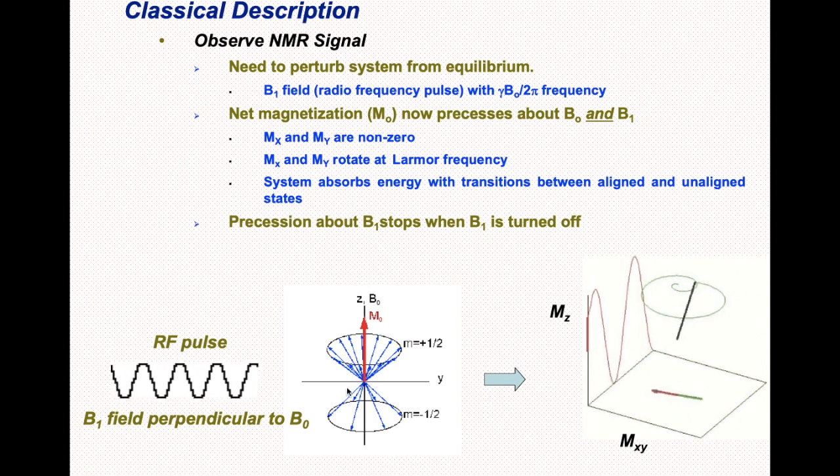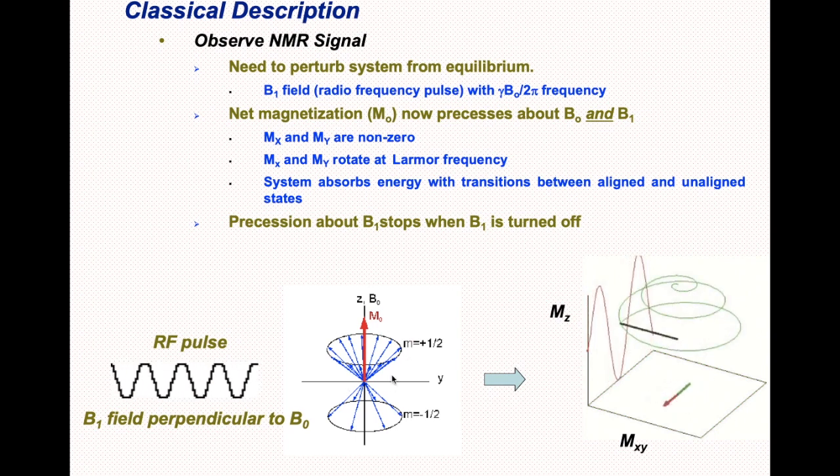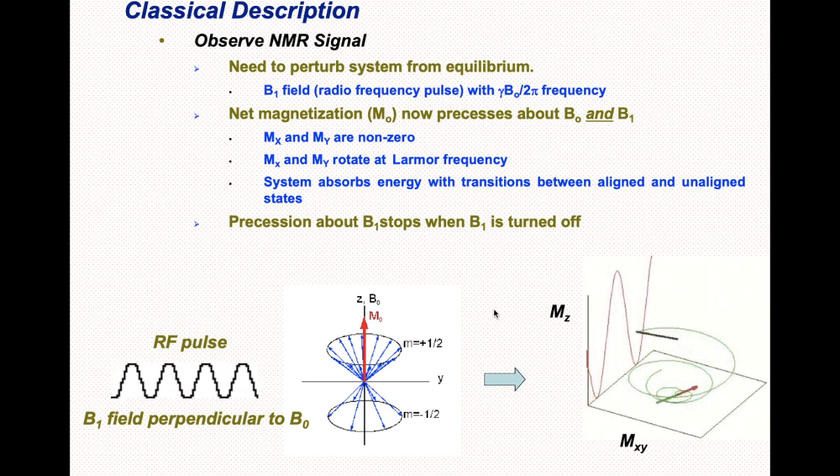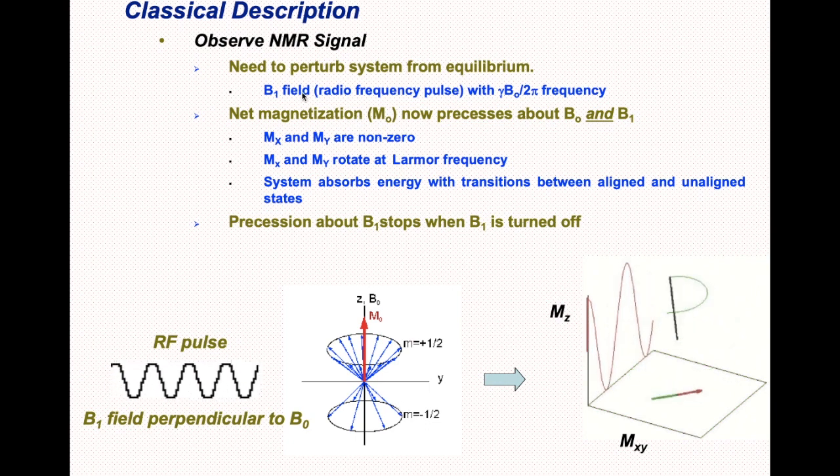Now, how far it tips is determined by how long the secondary magnetic field, or the radio frequency pulse, is applied. Generally, for proton NMR measurements, the secondary magnetic field is applied for about 10 to 12 microseconds along the y direction.